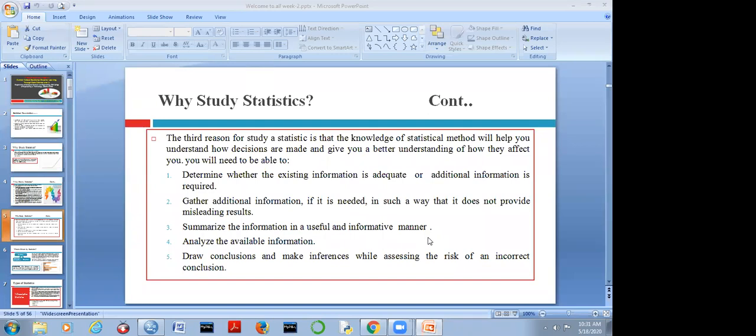As a good statistician, you make one good structure of the information you have collected. Then you analyze the available information, draw the conclusion, and make an inference while assessing the risk of an incorrect conclusion. You see both things and go for a conclusion.